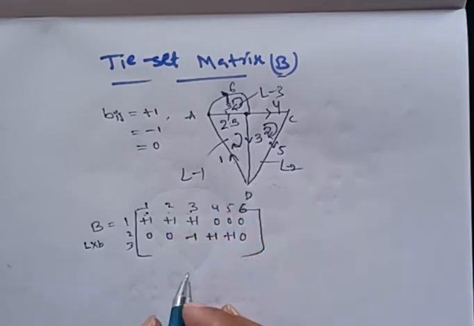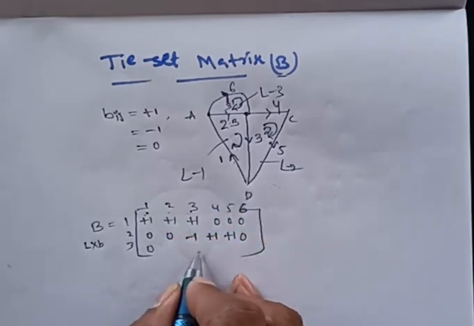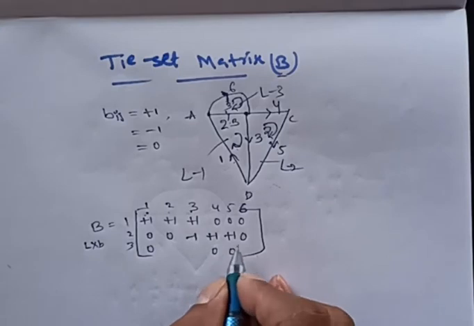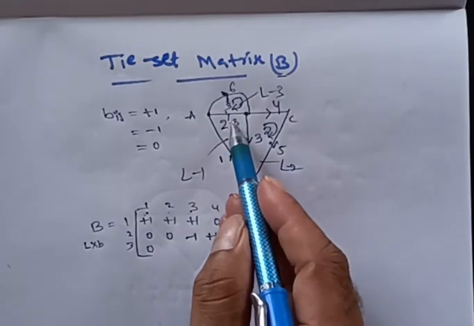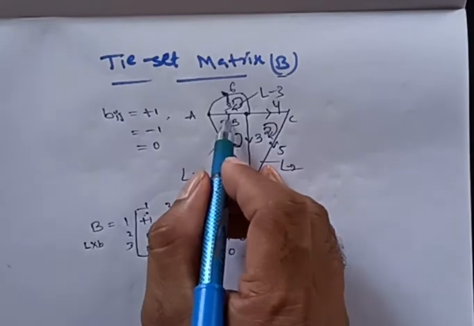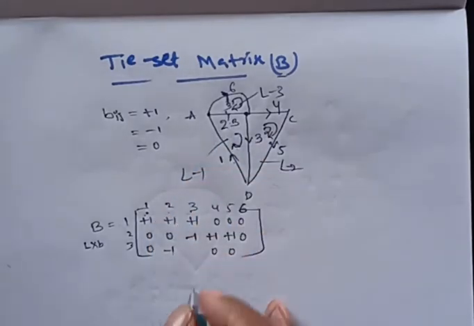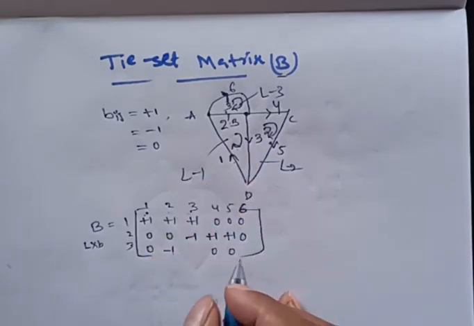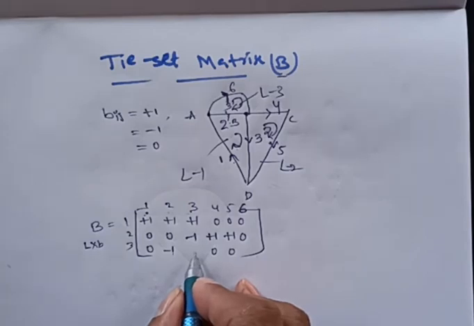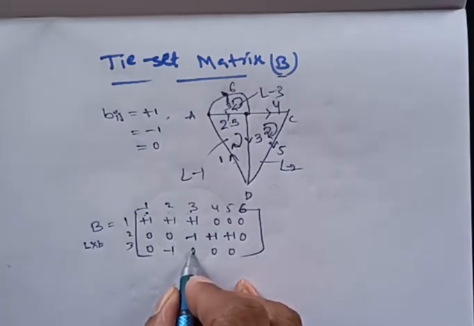For loop 3, branches 1, 4, 5 are not present, so they are 0. Sorry, only 2 branches are present, 2 and 6, and we place 0 for the third one also.